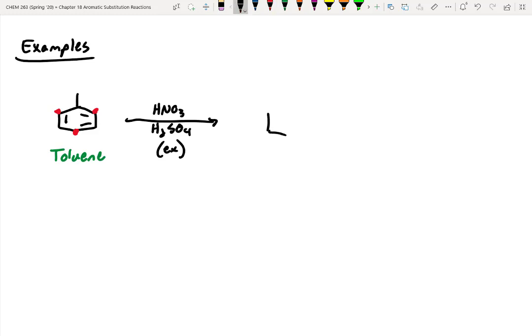All right, so let's take a look at what we get out there. We'll get 3 nitro groups installed. And so this would be called 2, 4, let me do the numbering right. 2, 3, 4, 5, 6.